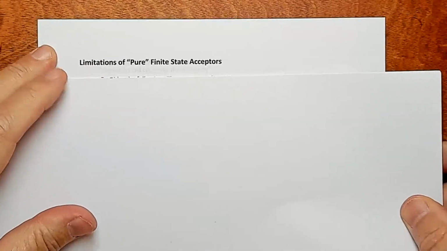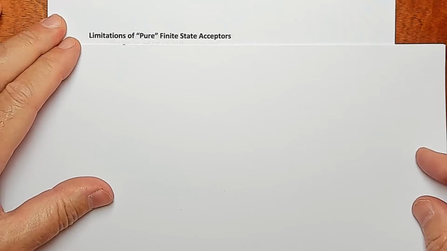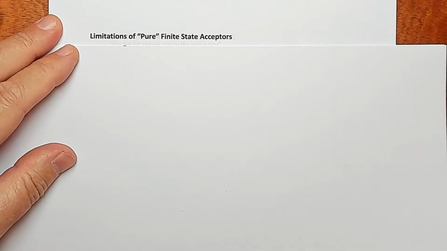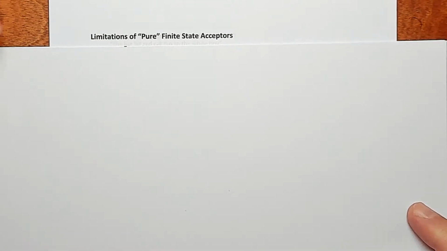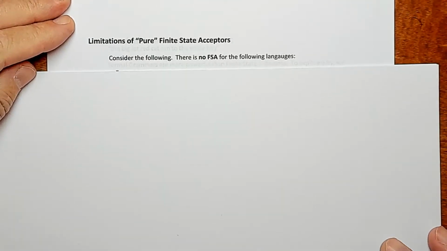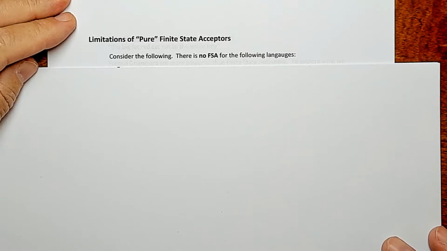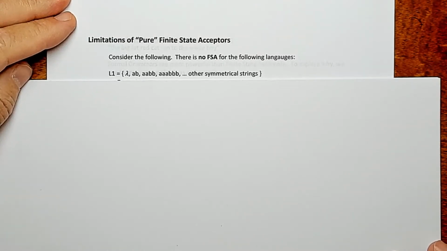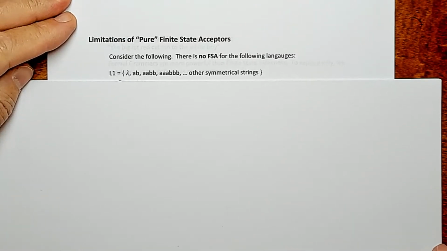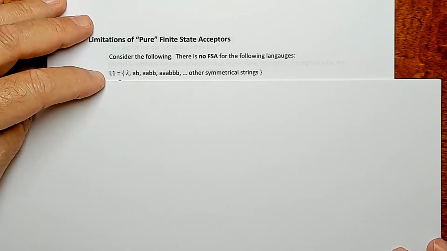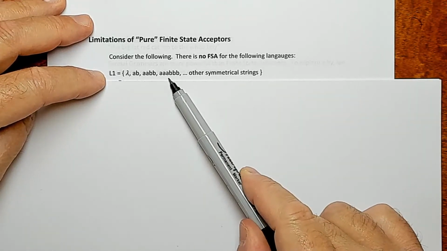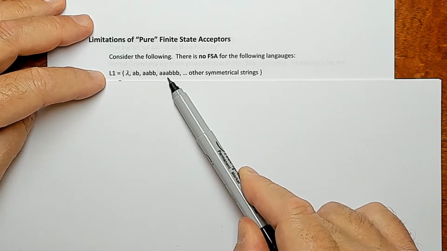All right, why are we doing this? Well, because so far we've been talking about finite state acceptors, and they're very powerful, right? Finite state machines, finite state acceptors, those are powerful, but they do have limitations. So, for example, now I'm going to use the word pure. There's no pure FSA for the following language. The language consisting of symmetrical strings like this, strings that have the same number of one symbol on one side as on the other.